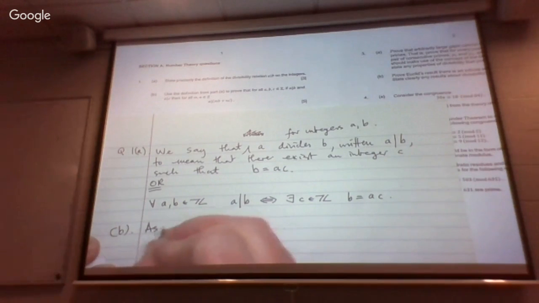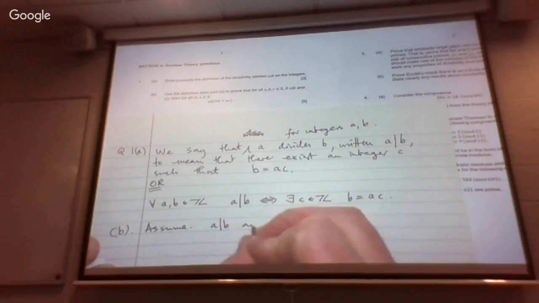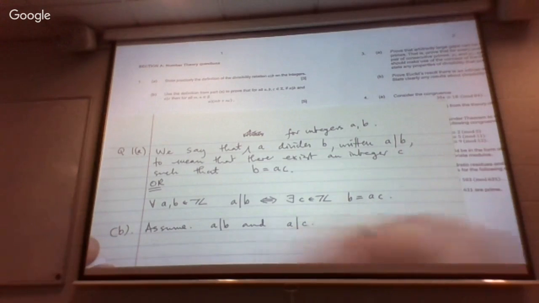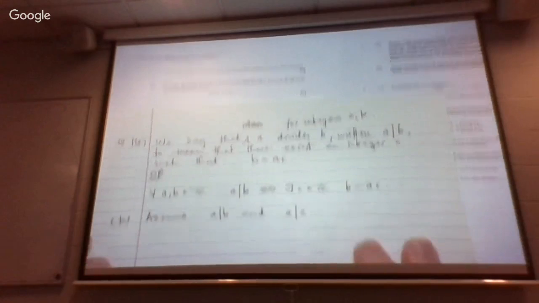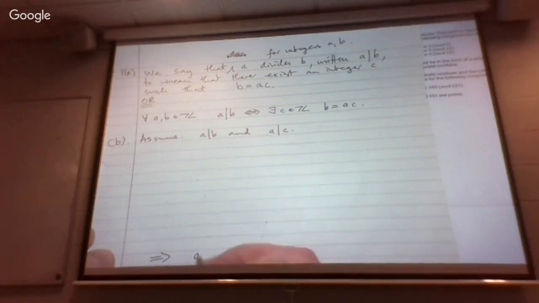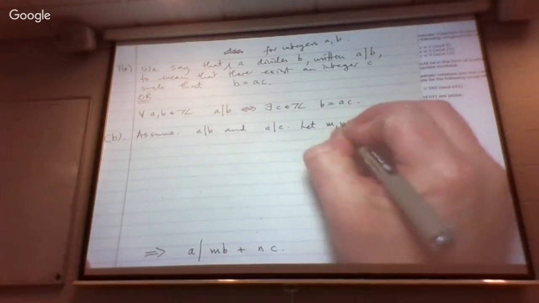So we should assume A divides B and A divides C. And then down at the bottom of the page, we want a conclusion that A divides MB plus NC.